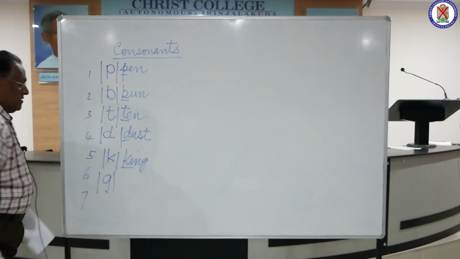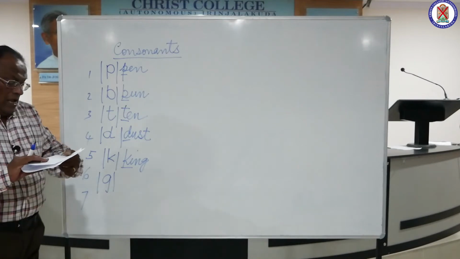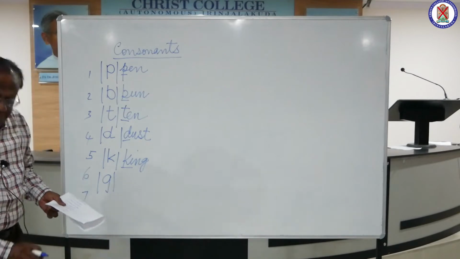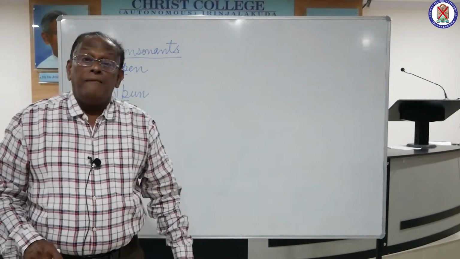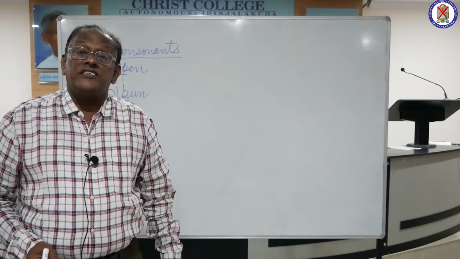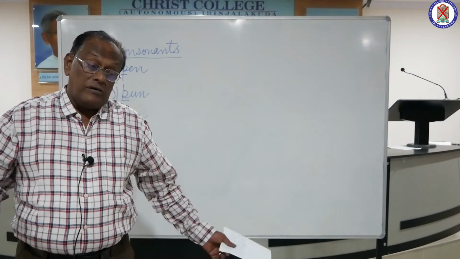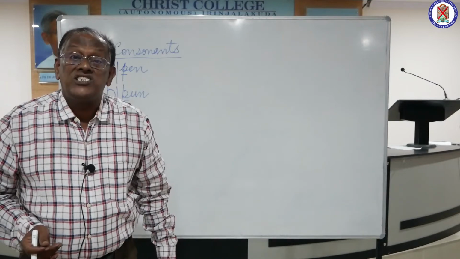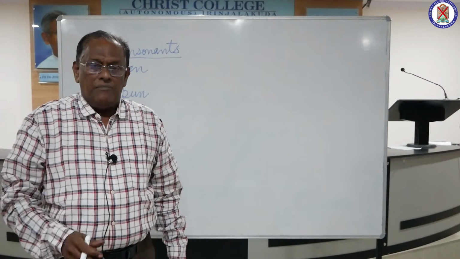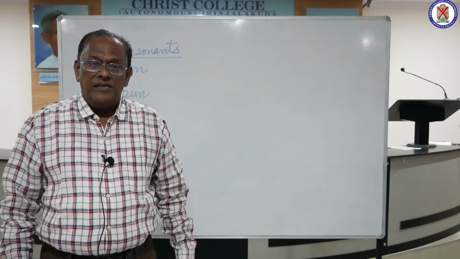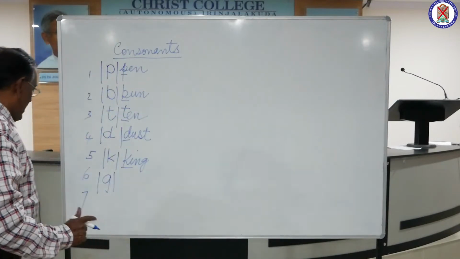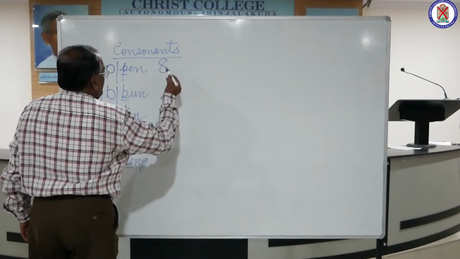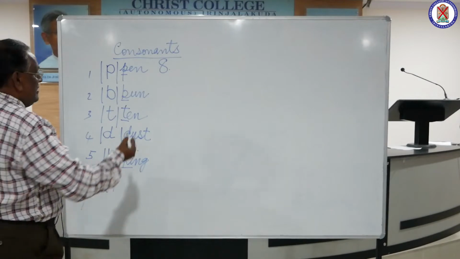Seventh one is the sound you have in a word like church, or chin, ch sound. We'll take it up a little later. Next one, seventh and eighth also, we will keep for a later occasion, 7 and 8.